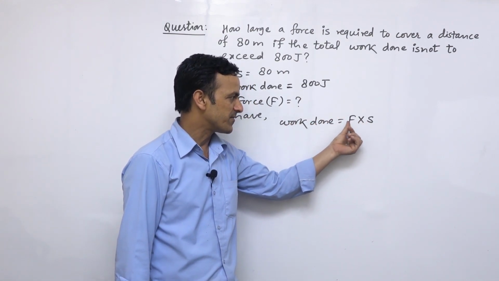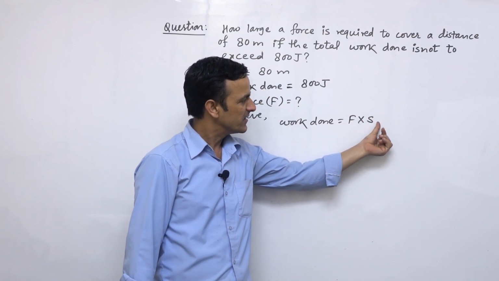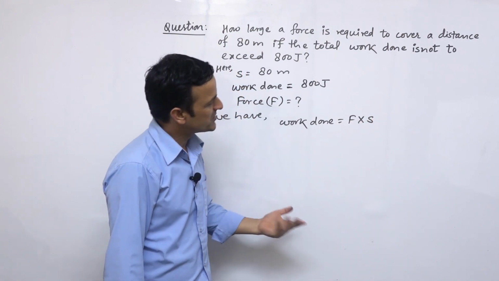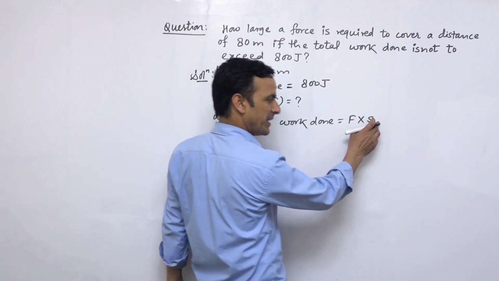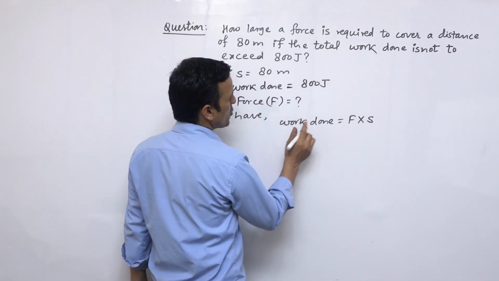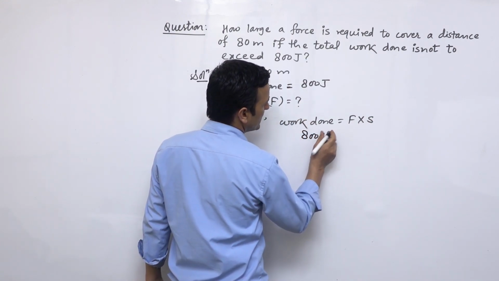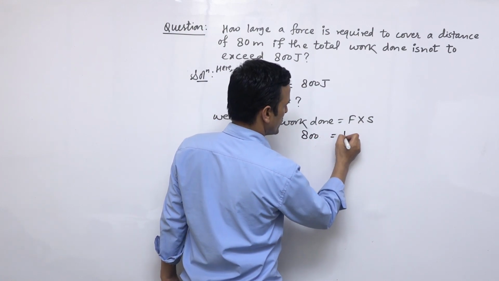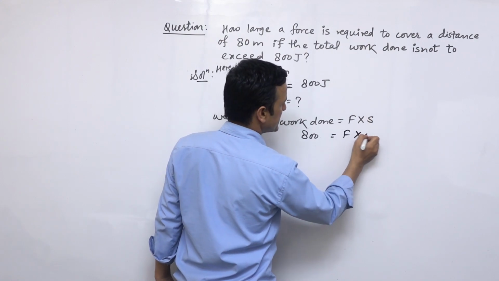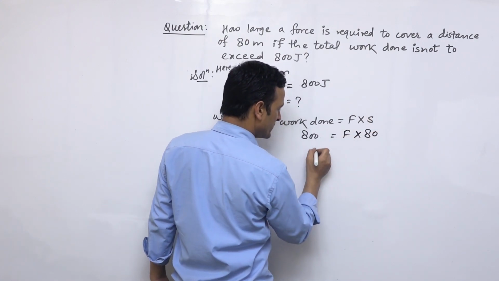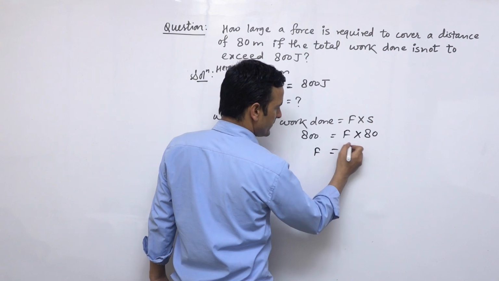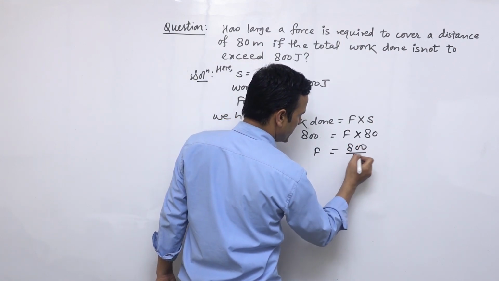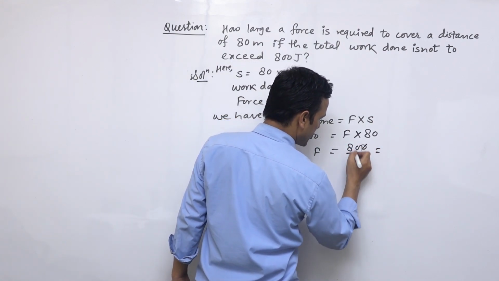It is the product of force applied on the body and displacement or distance moved by the body. So F into S. So our work done is 800 joule, 800 only, and force is we are going to find, and S means it is 80. So if you cut down, then it will be 800 divided by 80. So it will be 0 cut 8 tens are.